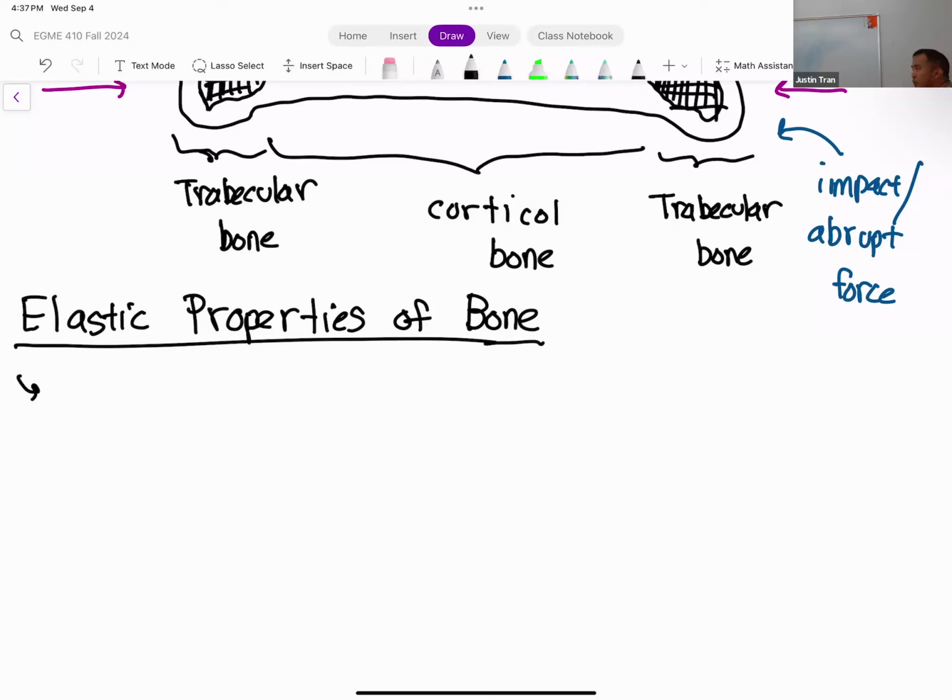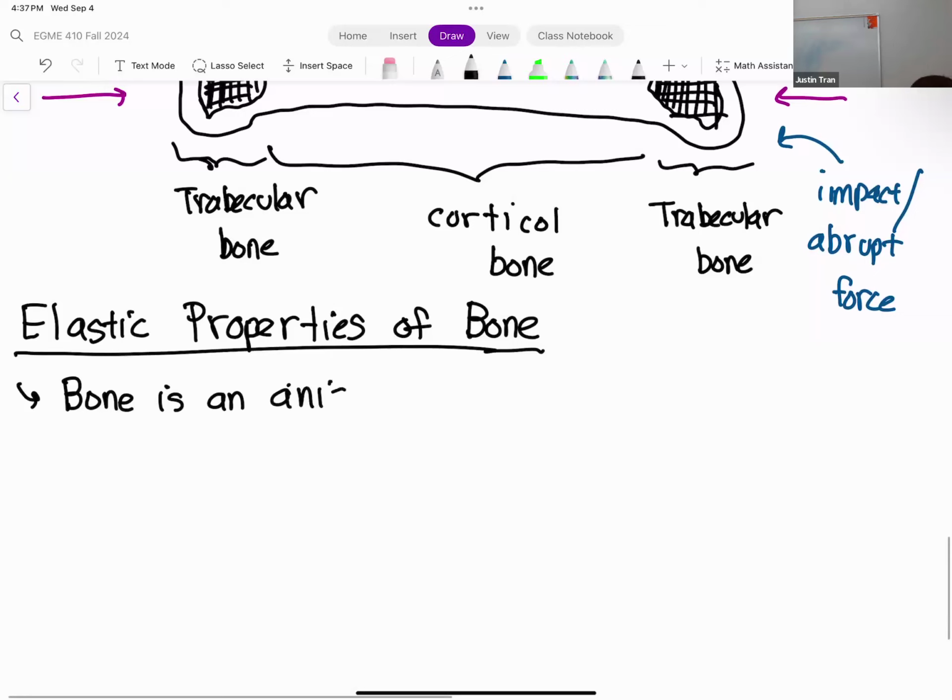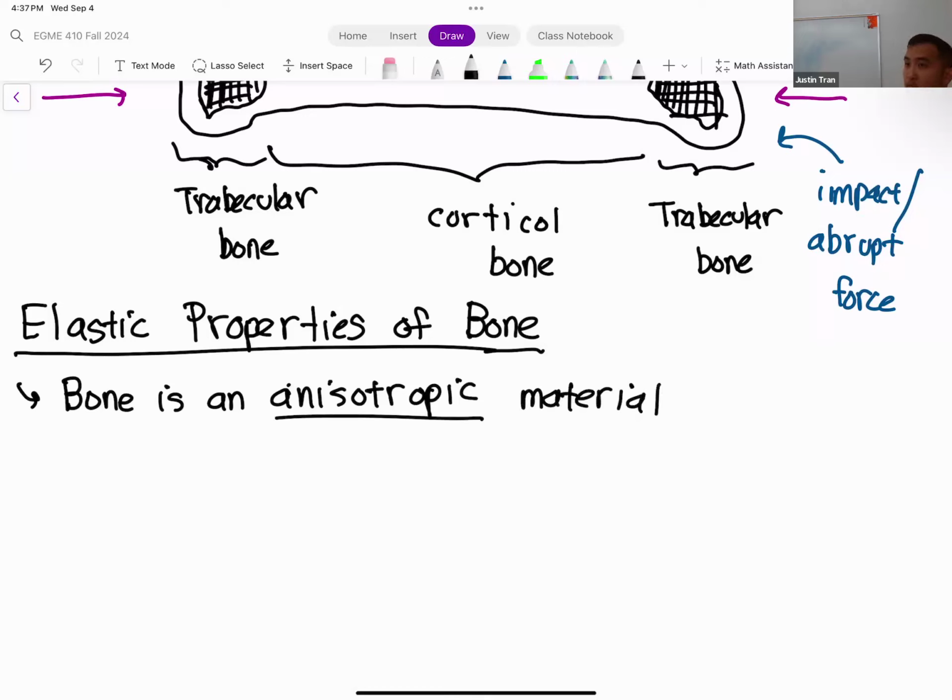So right off the bat, bone does not really behave like a typical material that we're used to. Bone is what's characterized as an anisotropic material. And what that basically means is that the strength and the properties of the bone depend on which direction the bone is going to be loaded in.